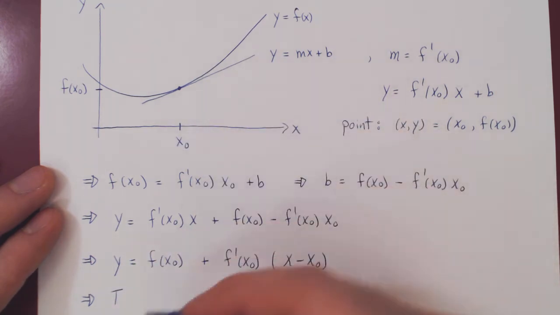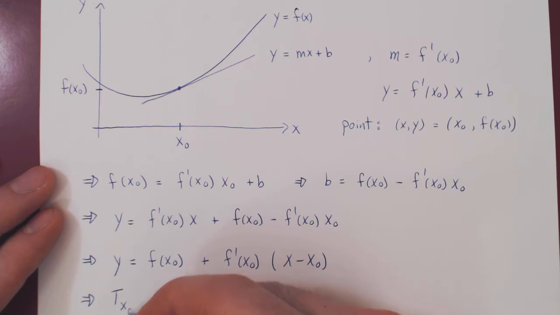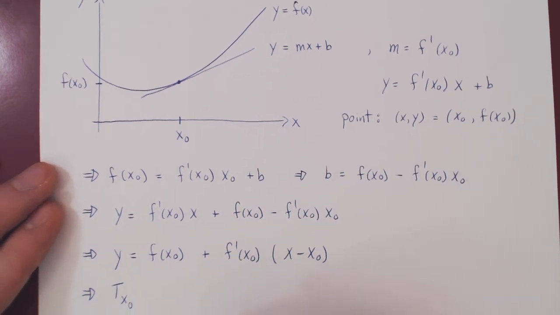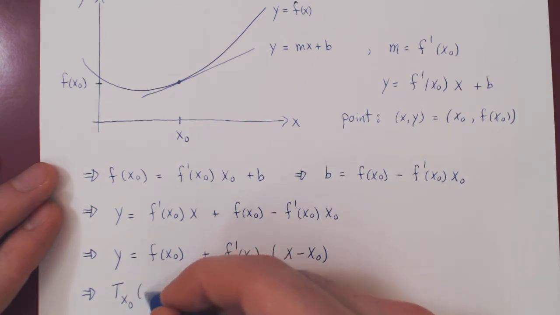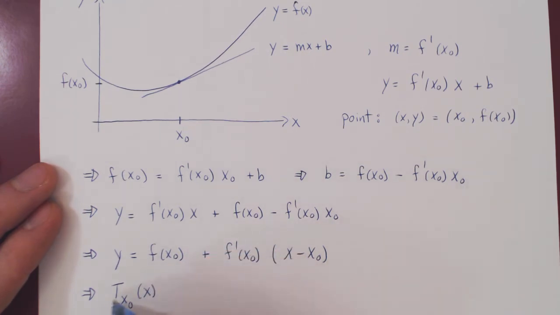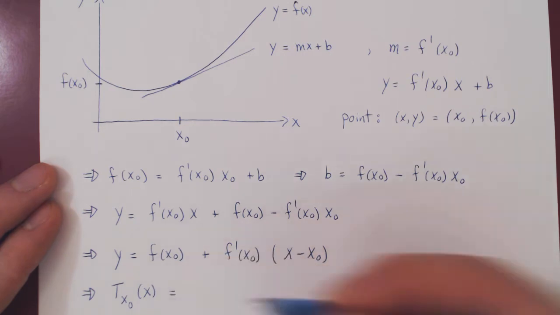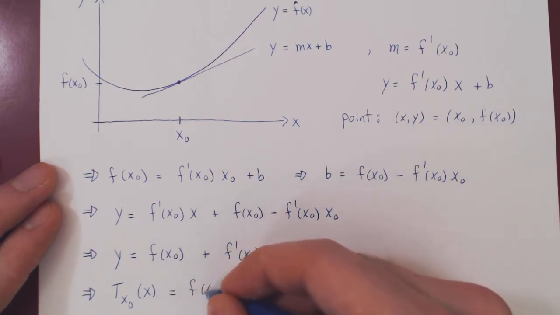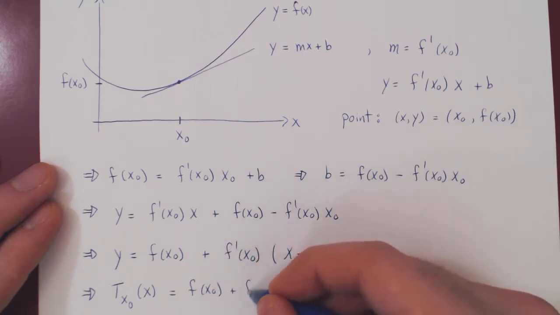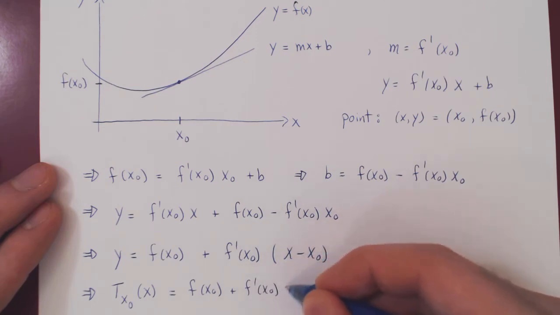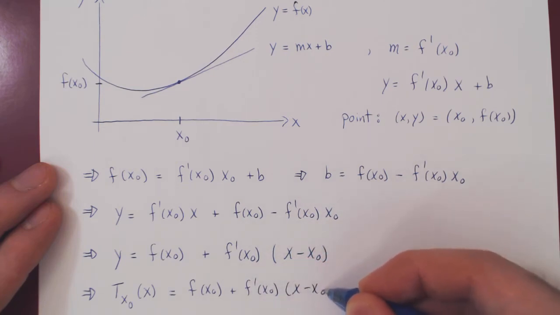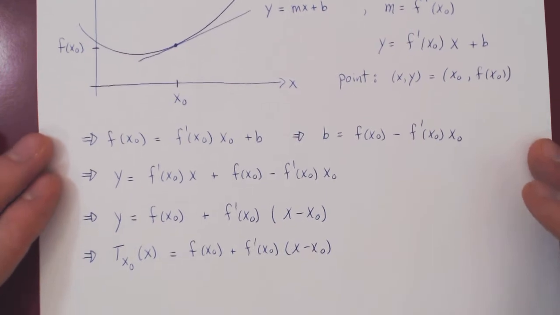Tangent at x0, so we'll use a subscript x0. Now this means the tangent line at x0, and it is of course a function of x, so T of x equals, let me just recopy this, f of x0 plus f prime of x0 times x minus x0. So there you have it.